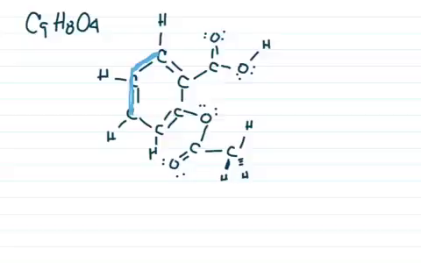When this carbon and this carbon connect, it's actually a double bond, so we show that there. Then the carbon to carbon single bond, carbon to carbon double bond, carbon to carbon single bond, carbon to carbon double bond. So now we have this structure.